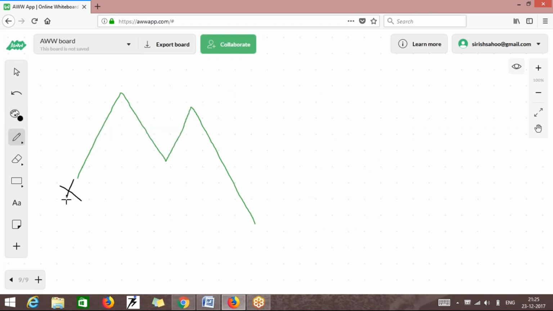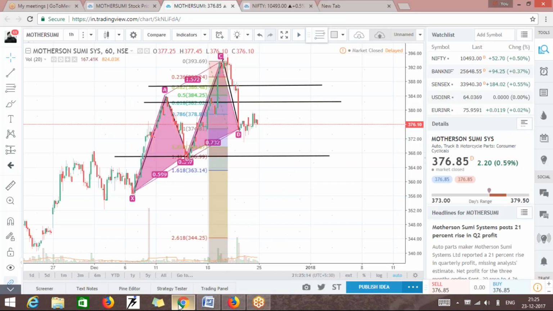This is X, A, and we would be trading from this level. One more thing here, if we have already taken this level, yes, this is the first target.